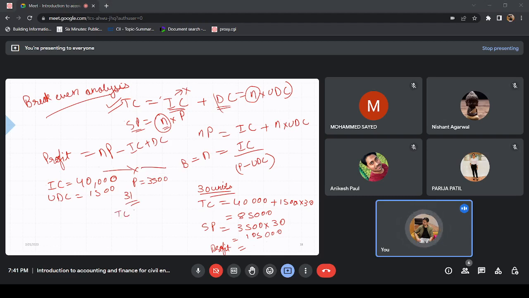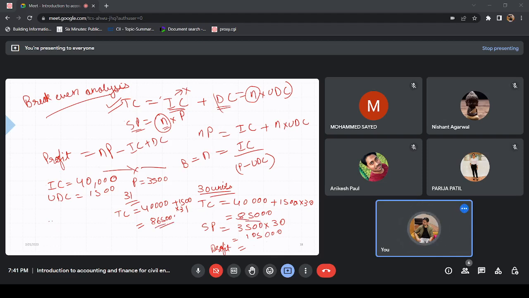For 31, you will see that the total cost now is 40,000 plus 1500 into 31, right? 86,500. So for 30 units you are spending 85,000. For 31 units you are spending 86,500.